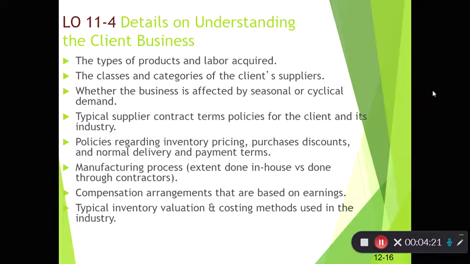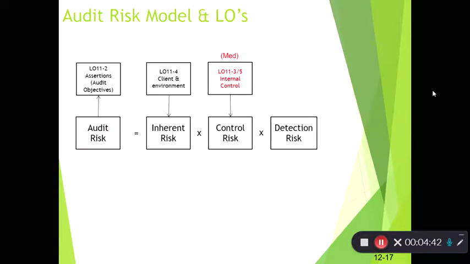If they are a manufacturer, to what extent are they manufacturing all the product versus having other firms that they use in acquiring their parts? And then thinking about inventory and costing methods that are typical for the industry, so that you can compare it against your client. That's all used to help assess inherent risk.